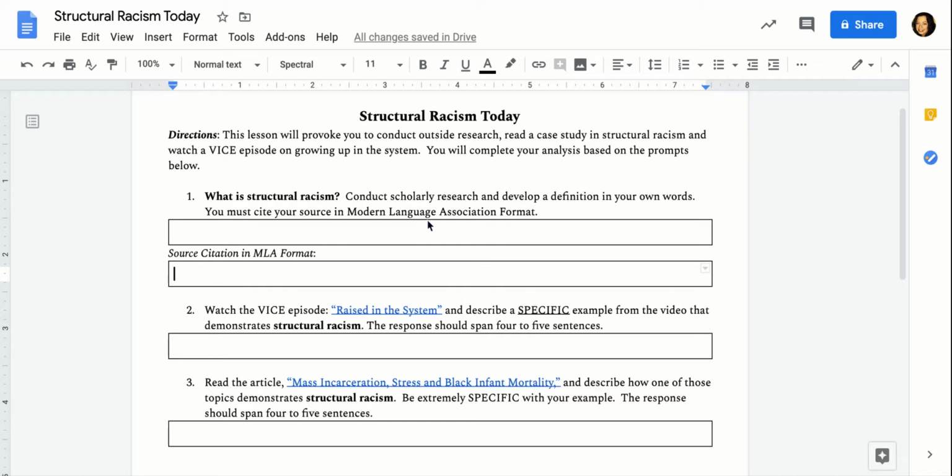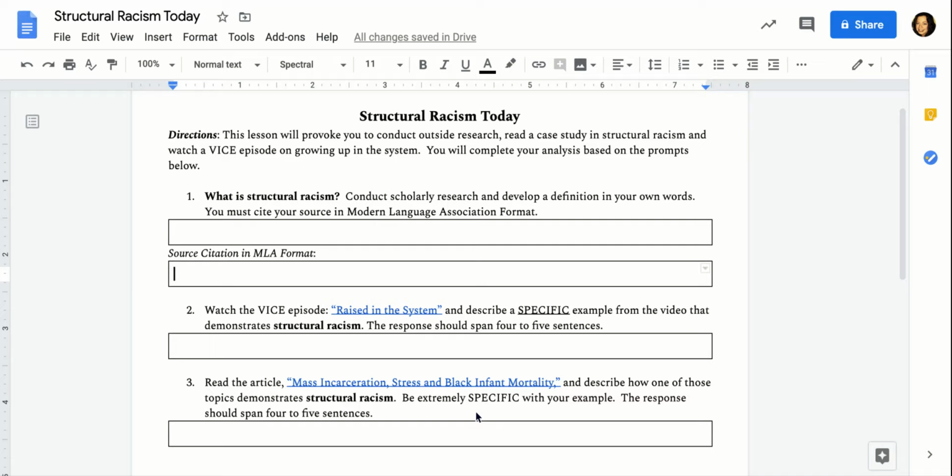The third thing that you're going to do is read this article about mass incarceration, stress, and Black infant mortality. Mortality means death. In the United States, more Black infants die at a crazy rate than their white counterparts. Why?